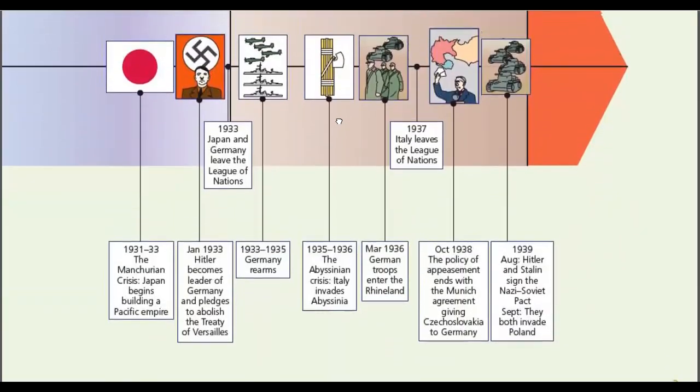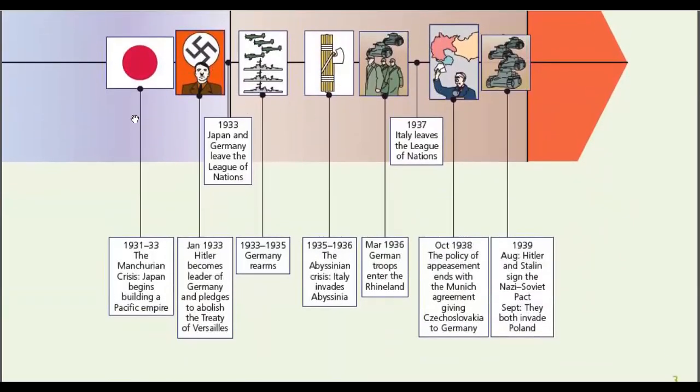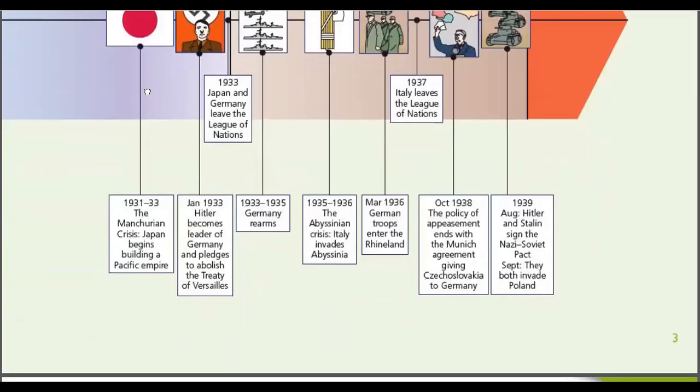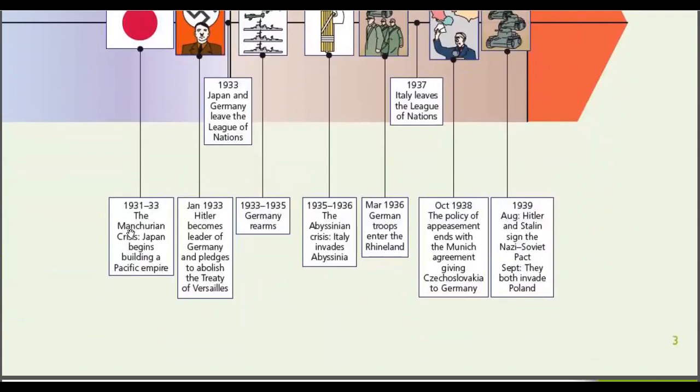From 1931 to 1933, the Manchurian Crisis: Japan was building a Pacific empire. They started to build an empire of their own.